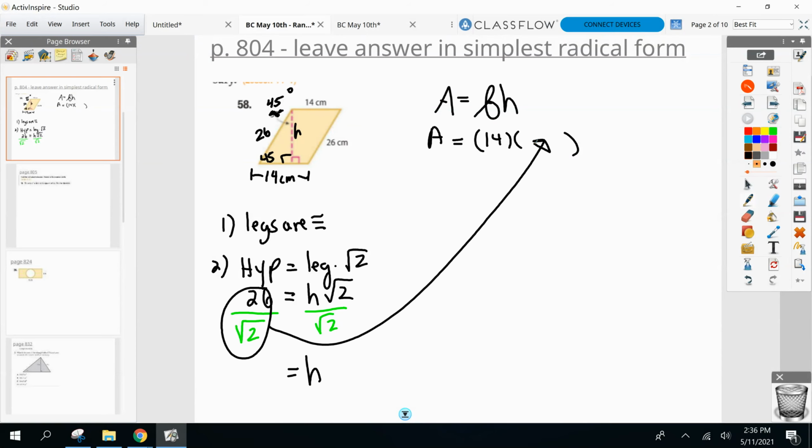Because if I do give you a question like this tomorrow, it'll be round to the nearest whatever. The directions won't be simplest radical form for a problem like this. Because again, I don't feel comfortable having you guys take a radical out of the denominator. We just haven't got that much practice, so I wouldn't do that to you. All right, but there's a 45-45 one using a parallelogram.